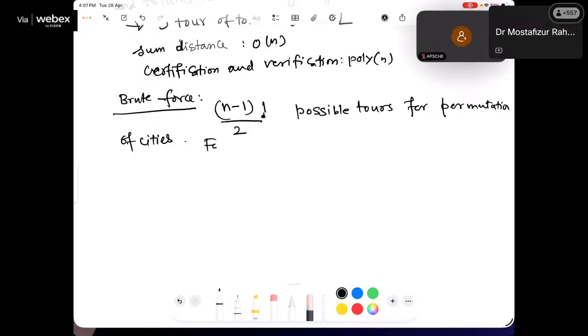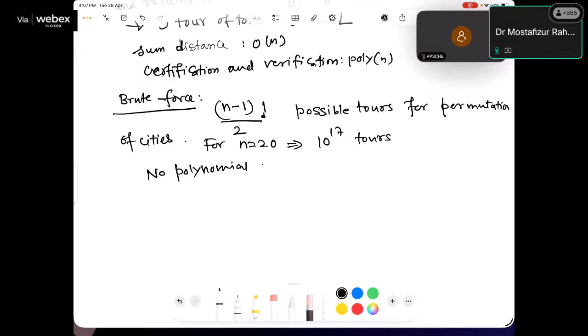For example, if there are 20 cities, that means there are about 10 to the power 17 tours possible. So no polynomial time algorithm is known for the TSP problem. It is exponential, basically. This problem belongs to the exponential category in terms of the solution, right?